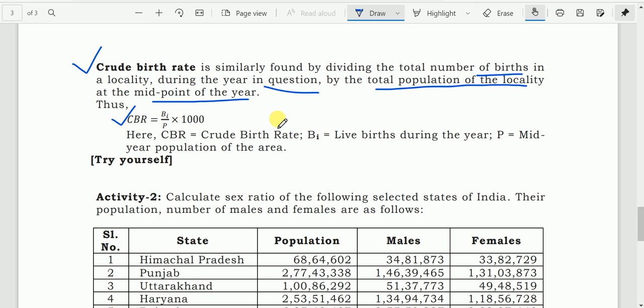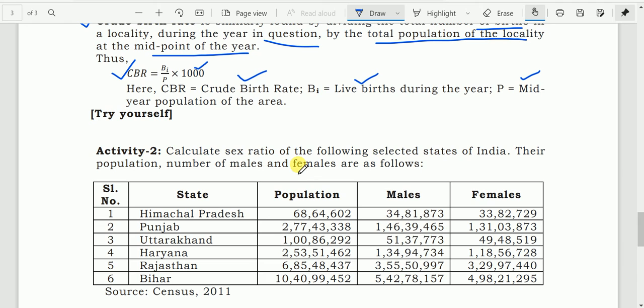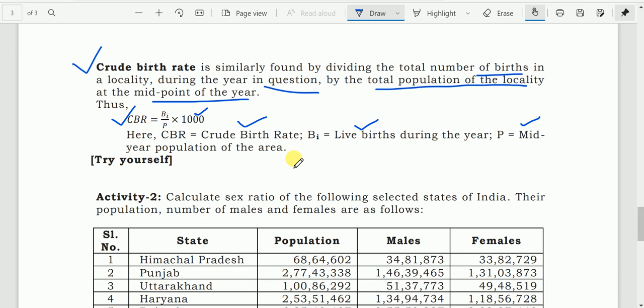CBR is equal to Bi divided by P, multiplying it by 1000. So CBR stands for crude birth rate, Bi is live births during the year, and P is equal to the mid-year population of the area. So you may try, okay, you may download any data from the internet, and you may try applying this formula.